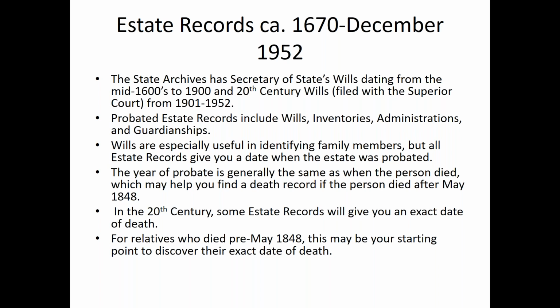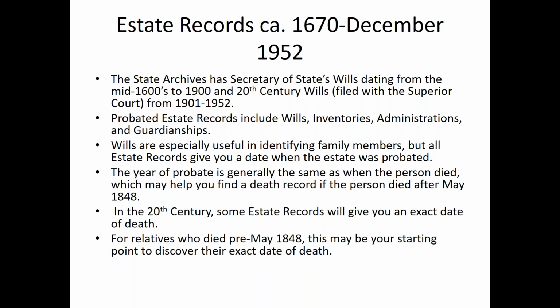And every single type of probated estate record, even if you're disappointed because the person died intestate and only has an inventory, will give you a date when the estate was probated. That's incredibly useful because that can help you narrow down a death date to within a year, because generally the will is probated within the same year that the person died.